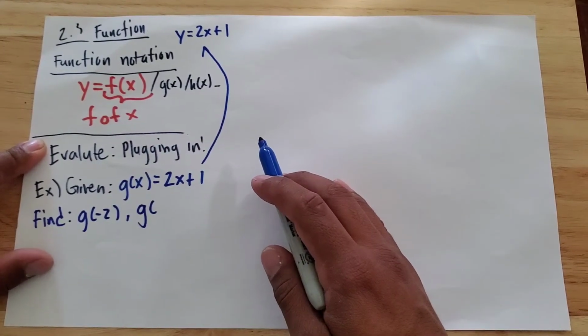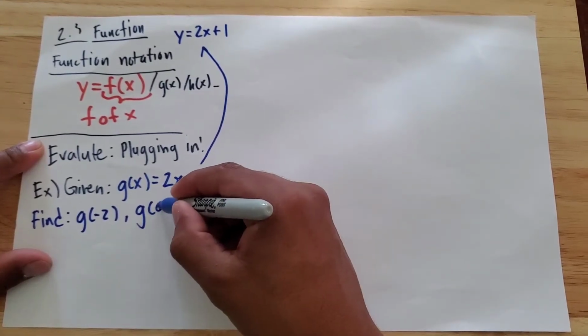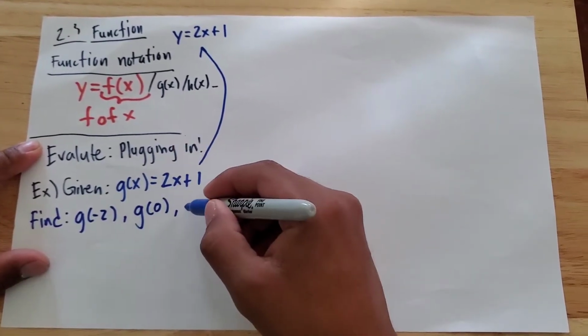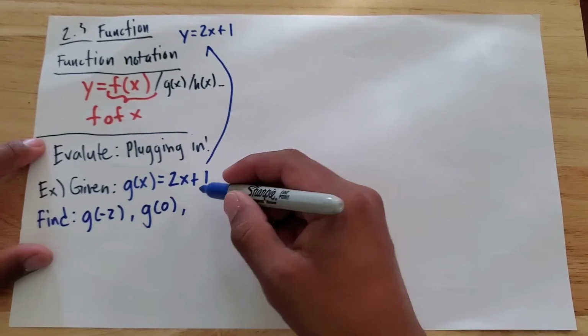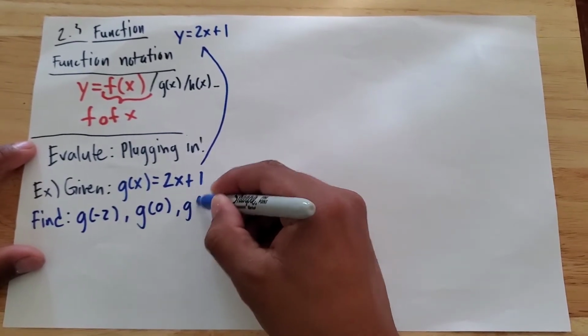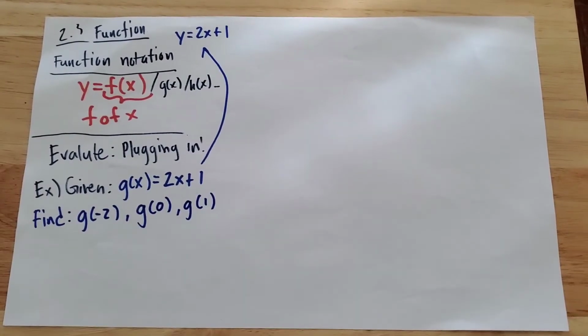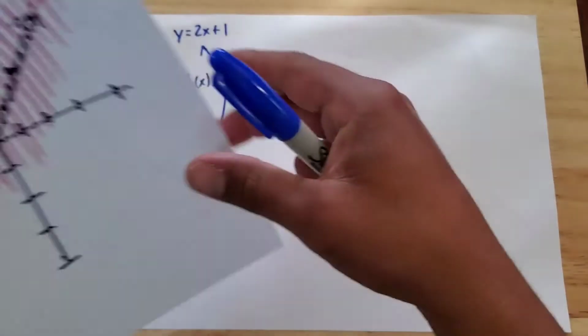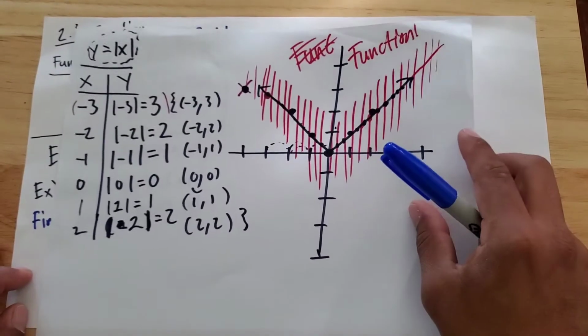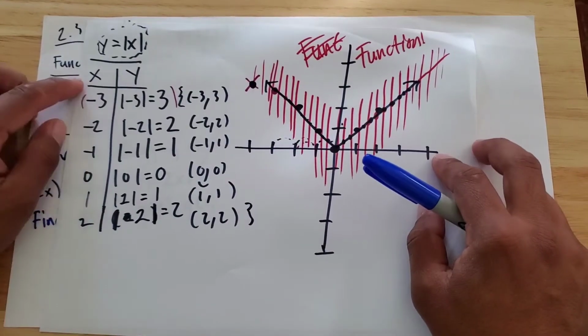Again, it could be g of, or f of, h of, depending. We're actually substituting that x for an actual number. And we did the same thing before, when we were graphing. So when we graph these, that's essentially what we were doing.